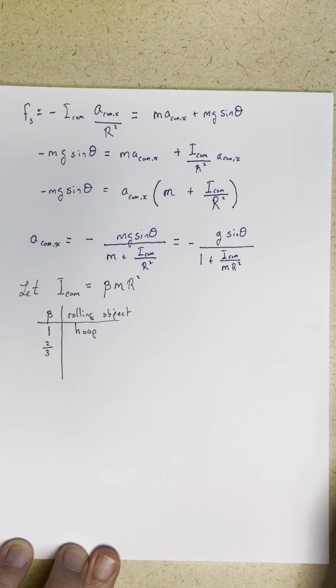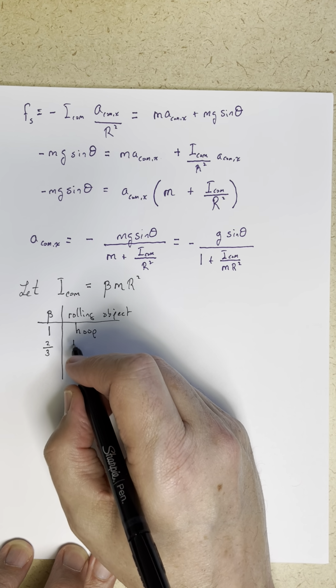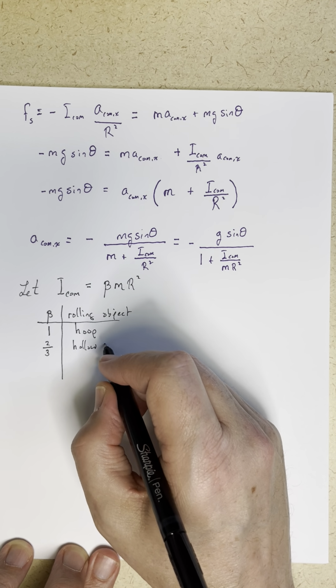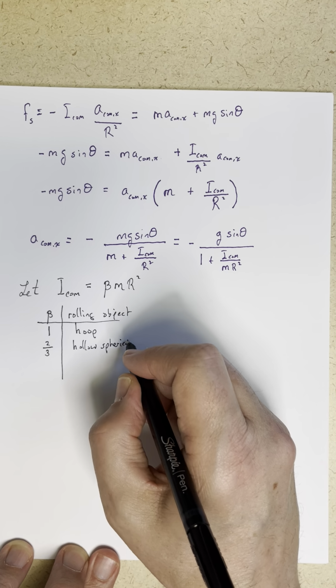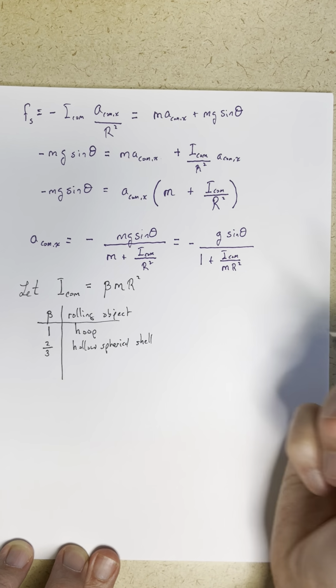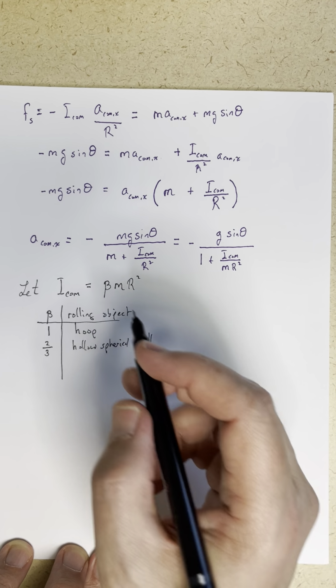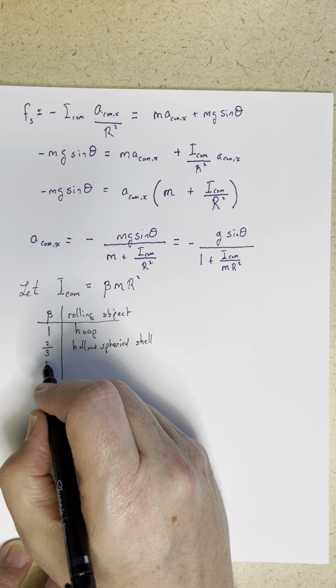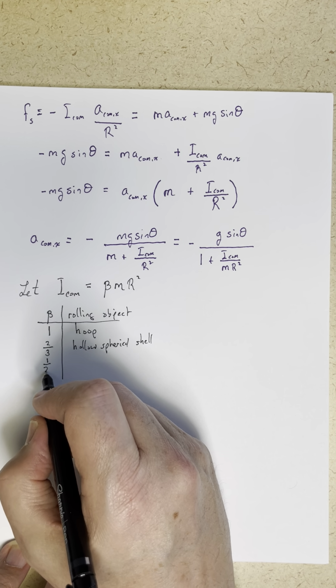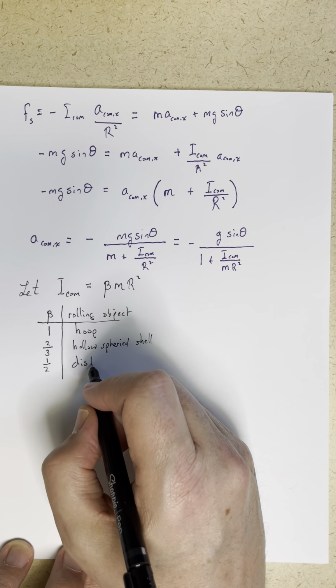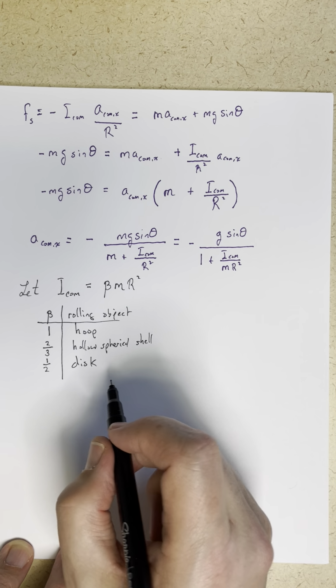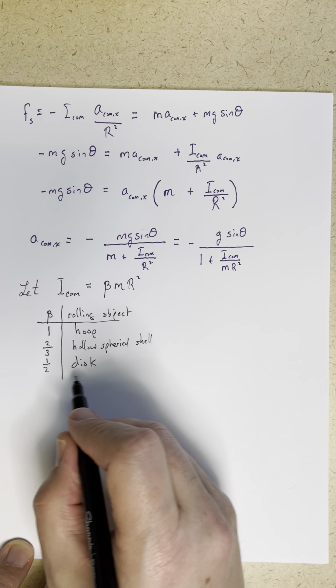I could have beta is 2/3 for a hollow spherical shell, so basically like a basketball. A solid disk will give me a beta of 1/2. Good, I spelled it the right way. Not British.